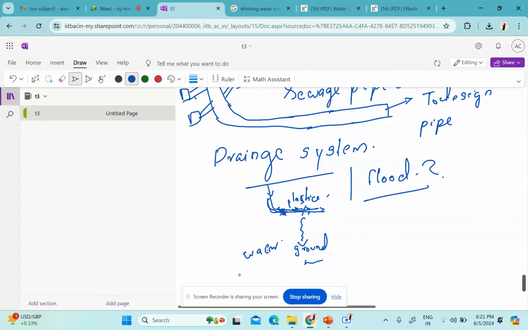Anybody from the south states, where floods recently happened, I think in Chennai and in Kerala also, the flood is a hot topic now. Have any of you heard of this flood? How are the flood and the drainage system related? Does anyone have an answer?